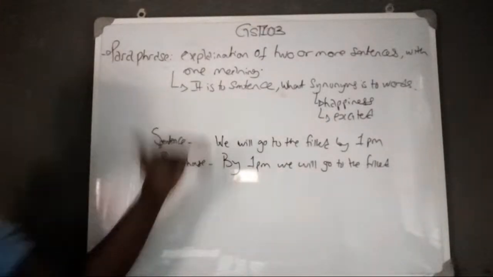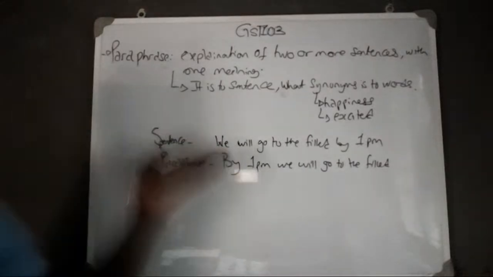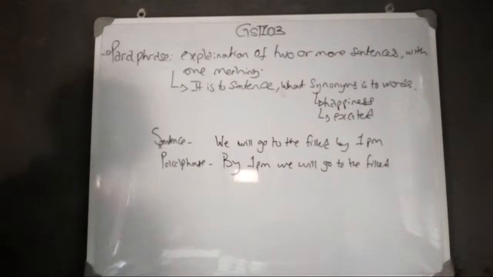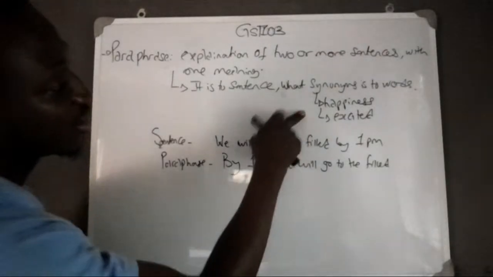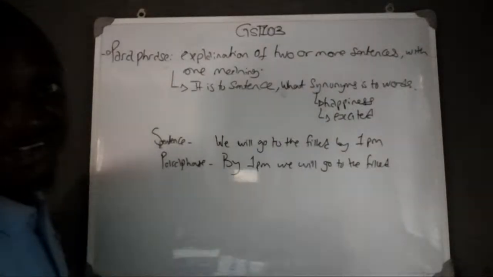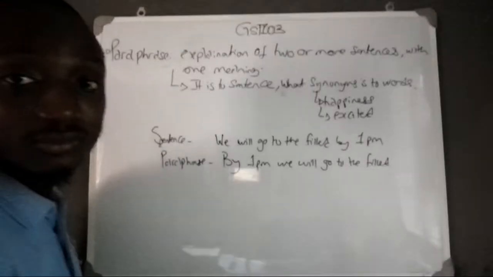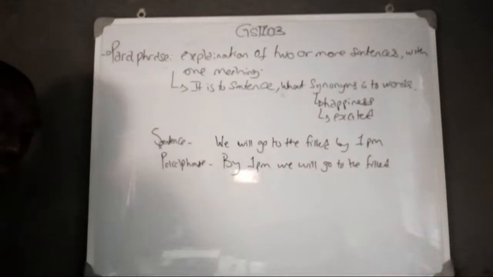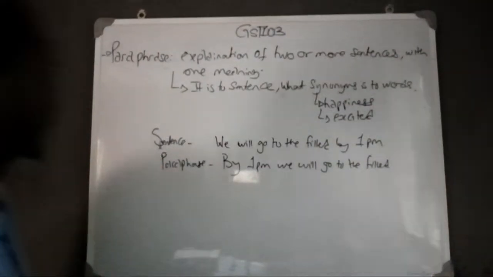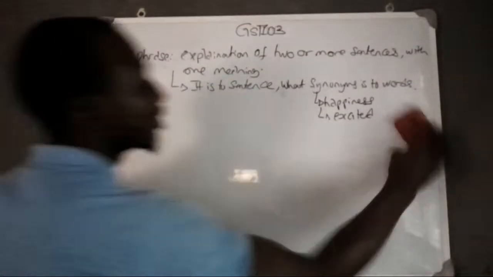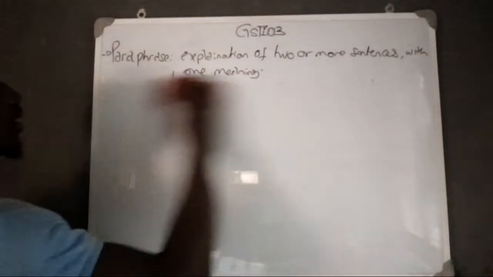Now, can you see it's the same sentence, but we changed some words. And that's why they use the analogy of synonyms. Synonyms now is happiness, excited. Okay, are we together? So that is it for paraphrase. Now let's move on.